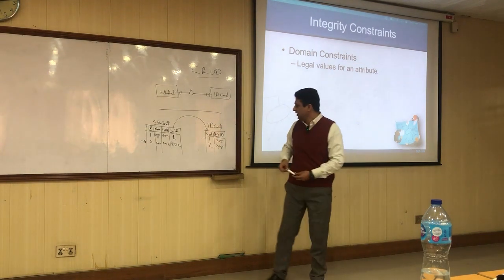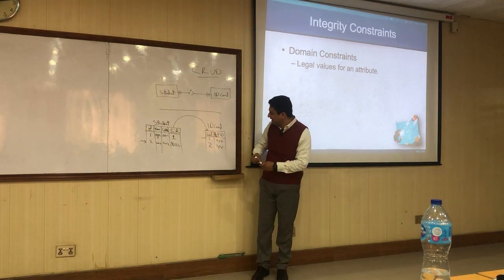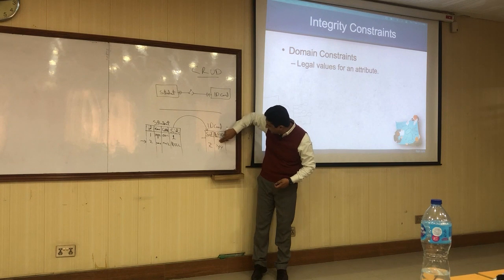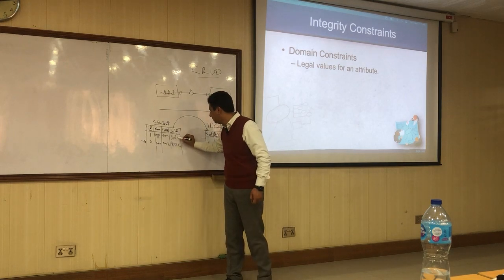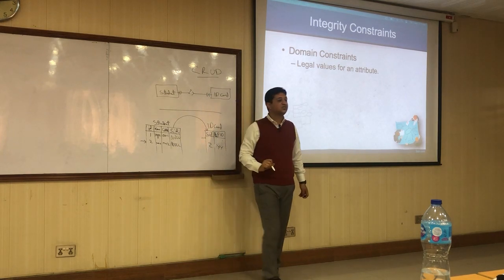For example, in this particular case, if this row is deleted from here, this row would stay, but this one value would be changed to a null value. This is set to null.